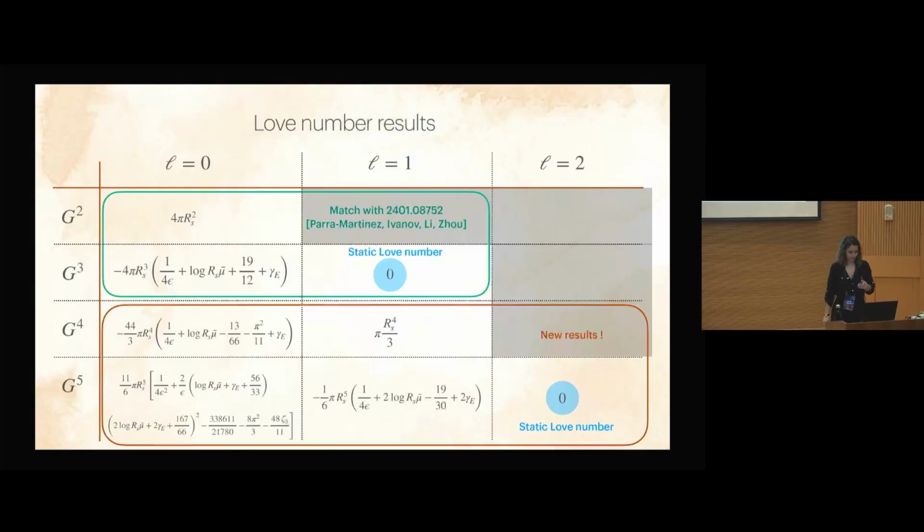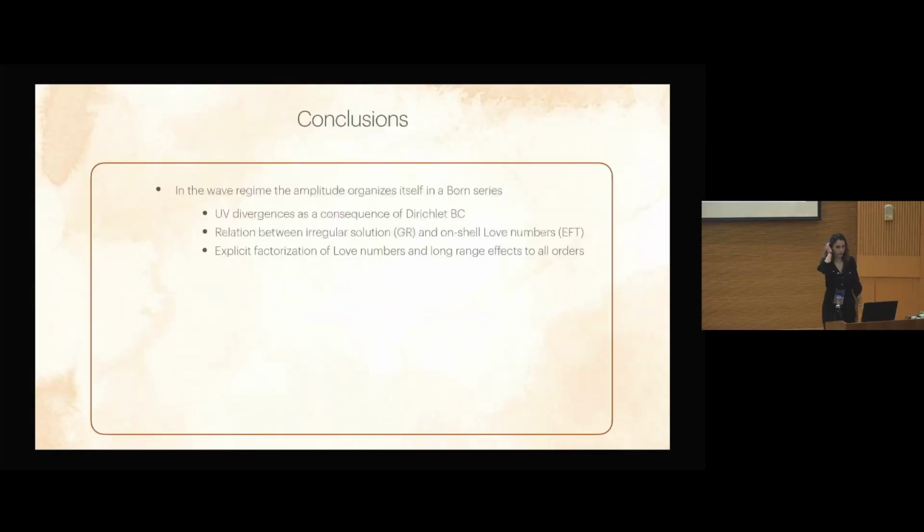Okay, let me conclude. I hope I convinced you that in this wave regime, the natural way of thinking about the amplitude is in terms of the Born series. We saw how UV divergences are really a consequence of the wrong boundary condition imposed at R equals 0. These are not UV divergences that tell you you need quantum gravity or something like that. This is intrinsic to the way we are doing QFT.